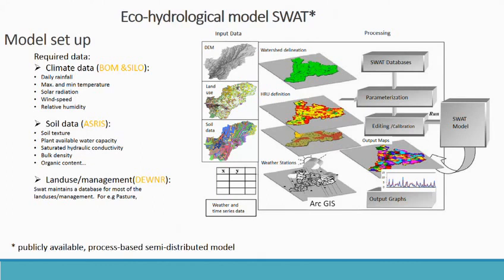These sub-catchments can be further divided into hydrological response units from the combination of slope, land use and soil. Once all of these processes are done, we have a model, and then we run it, and then we can get beautiful graphs in the end, or we try to get beautiful graphs.